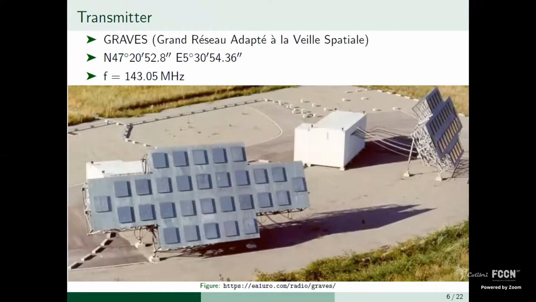So as I was saying, to detect meteors through radio waves, you need some source of radio waves, and this source must have a very strong power, and also it has to be in a convenient location.